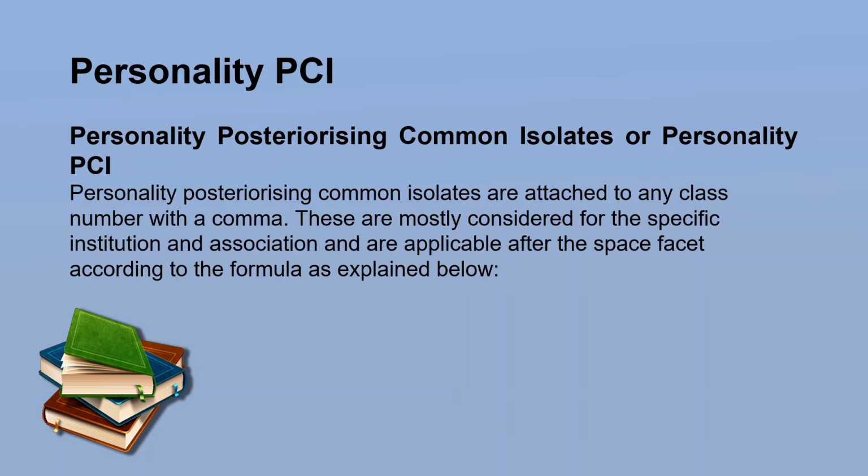That is, we have to first determine the main class, then the space isolate, then we have to assign the personality PCI. After that we have to put the personality facets and energy facets as applicable.